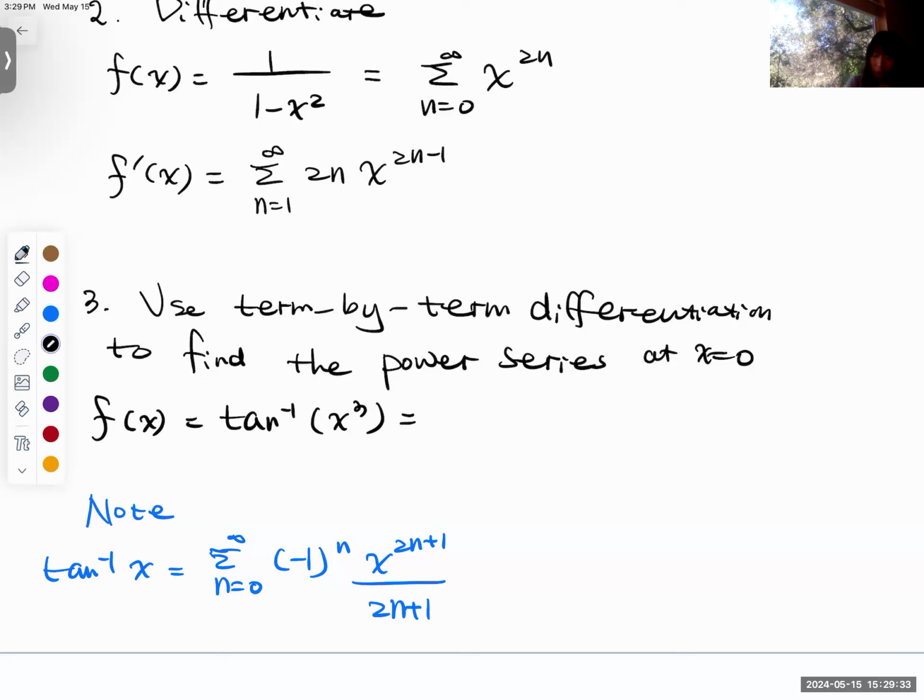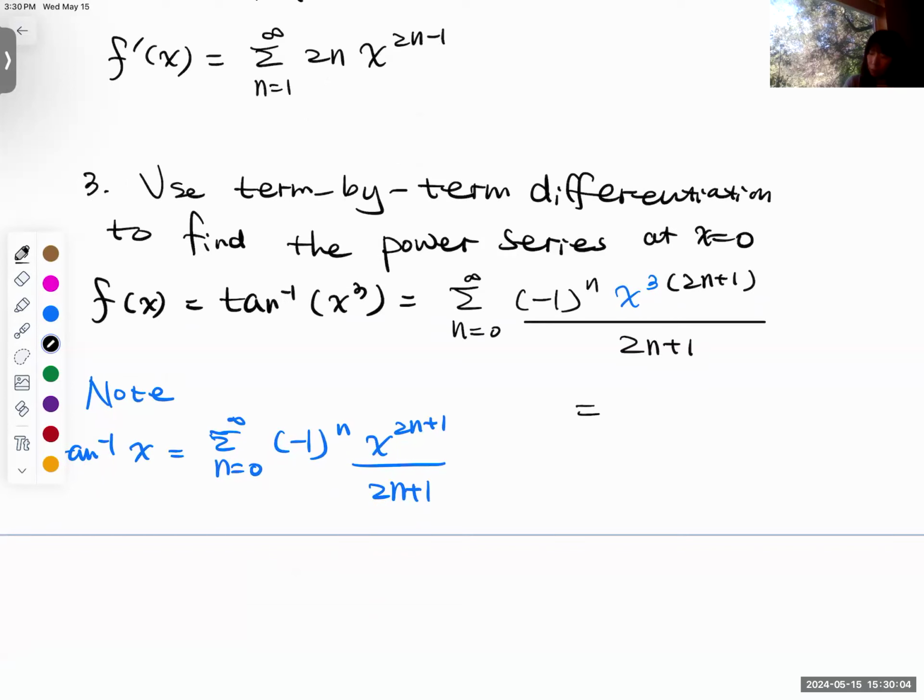So that will be the summation n equal to 0 to positive infinity of negative 1 to the n, and instead of x, we have x to the third power, all over 2n plus 1.